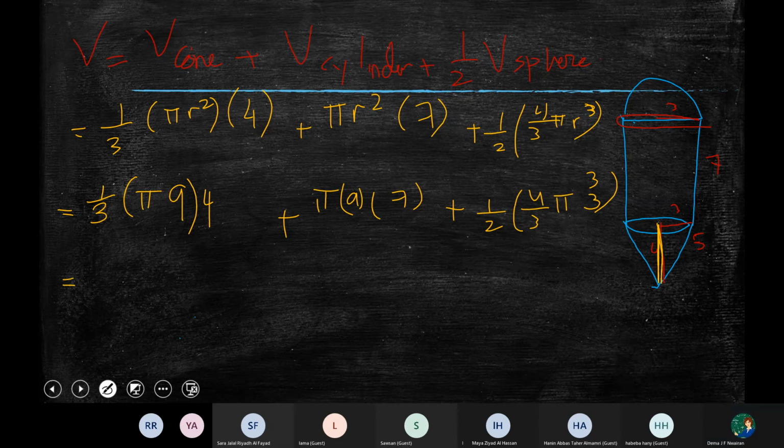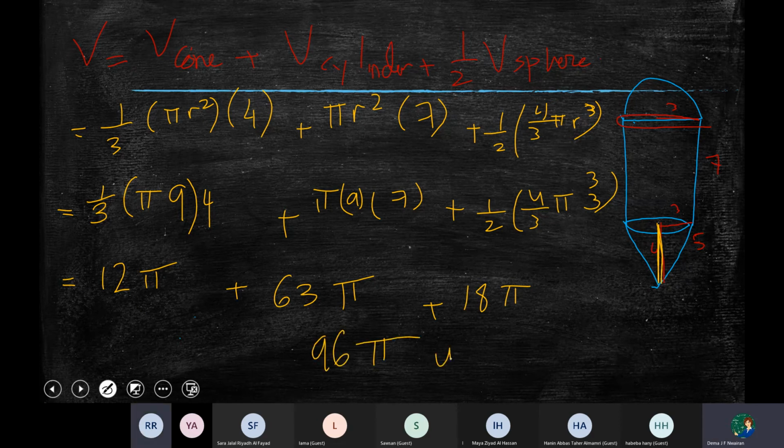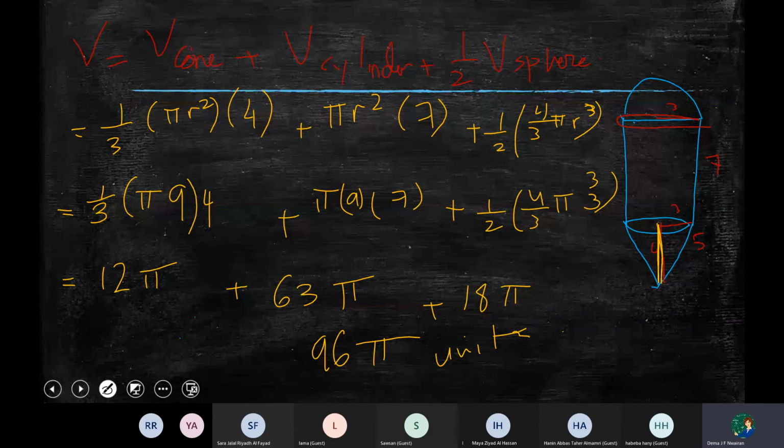Then we have 12 pi plus 63 pi plus 27 over 3, 9 times 2, 18 pi. 30 plus 63, 93 pi unit cubed. So this is now the volume of this composite shape. We add the volume of each shape to get the volume of the composite figure.